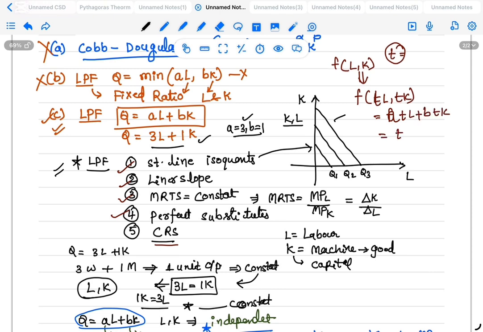If we take t common, t times (aL plus bK), which is t times f of L comma K. This is called constant returns to scale, CRTS. If we multiply the inputs by a quantity t, the output is also multiplied by t. So these are the properties of the linear production function.